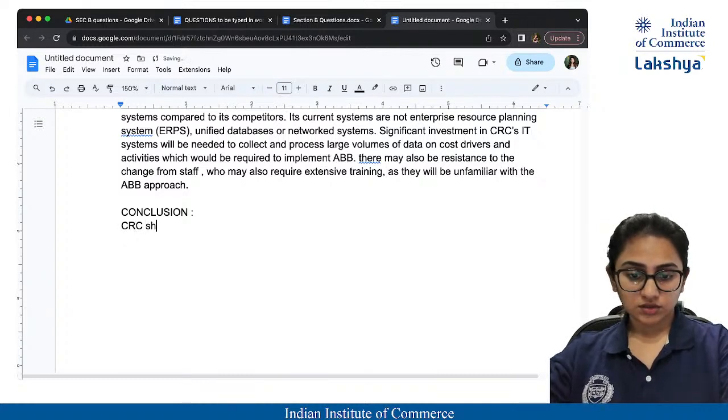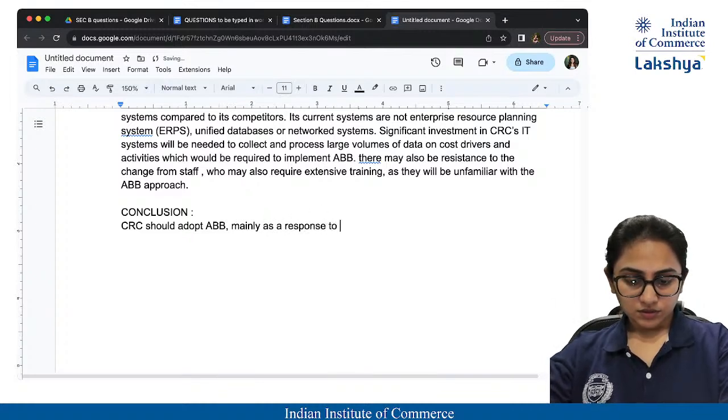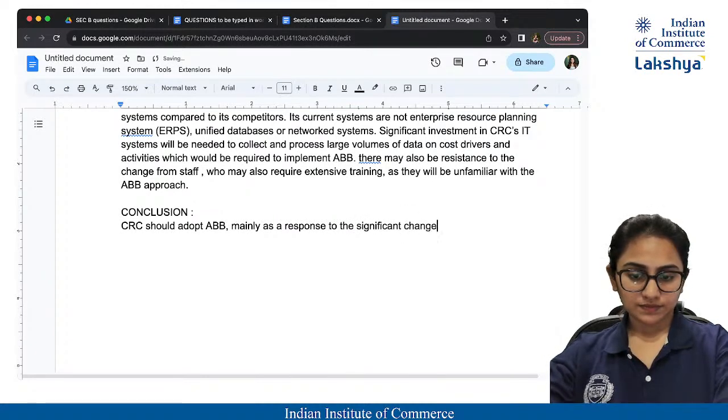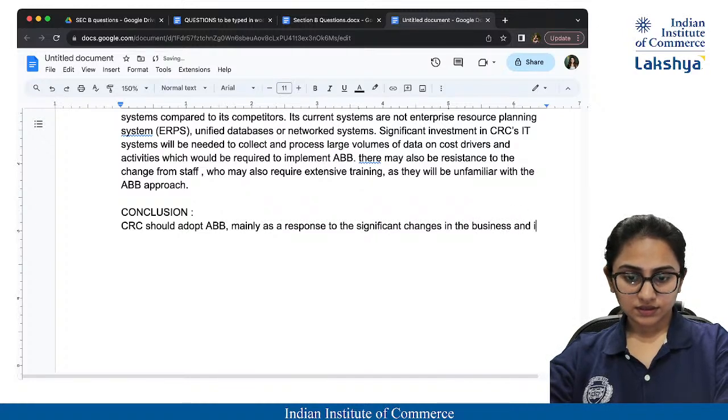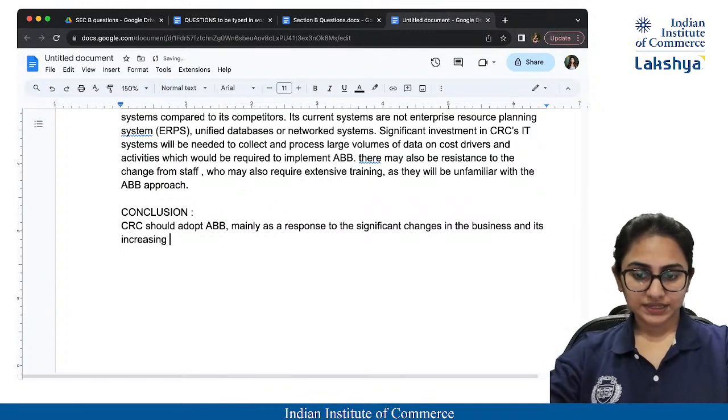CRC should adopt ABB mainly as a response to the significant changes in the business and its increasing complexity.